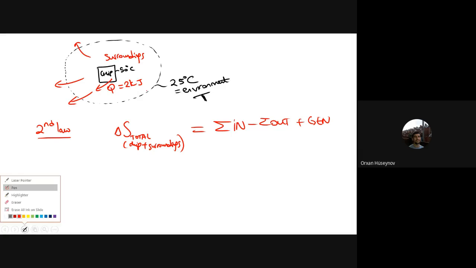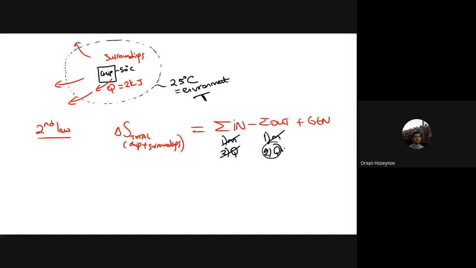I've said that the in term can be by mass. In this case, it is closed. It can be Q, no heat into the system. Can be by mass out, there is none, and the Q out is there. Generation is there, and delta S surroundings is also there.